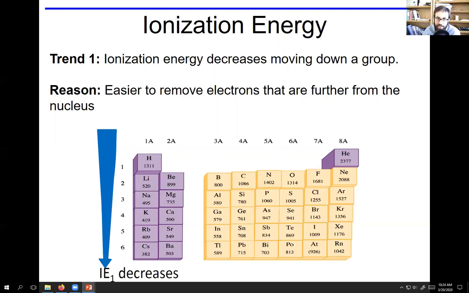It's not going to take as much energy to separate it out completely. Versus think about hydrogen. That electron is in the 1s orbital, very close to the positively charged nucleus, and thus takes a lot more energy to remove.